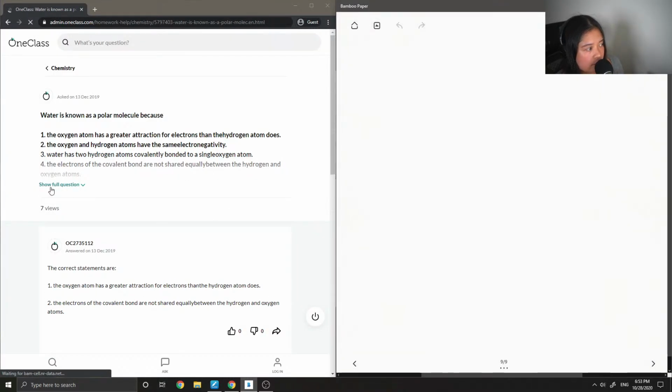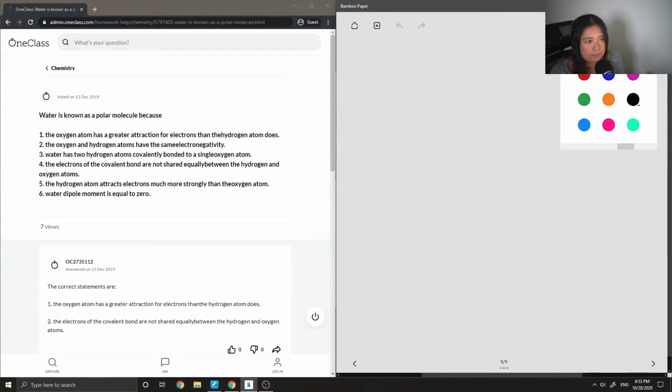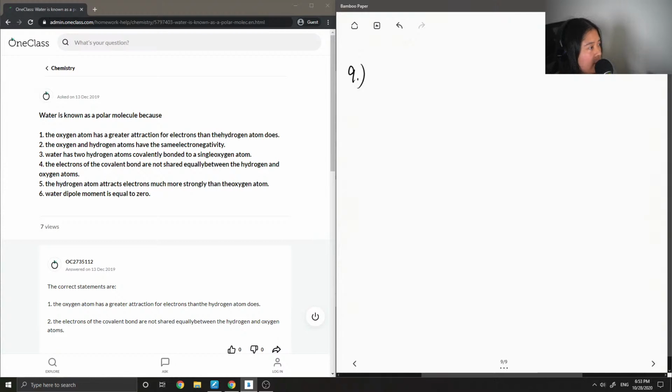Okay, so moving on to question number 9. Water is known as a polar molecule because, and then it gives us different options.